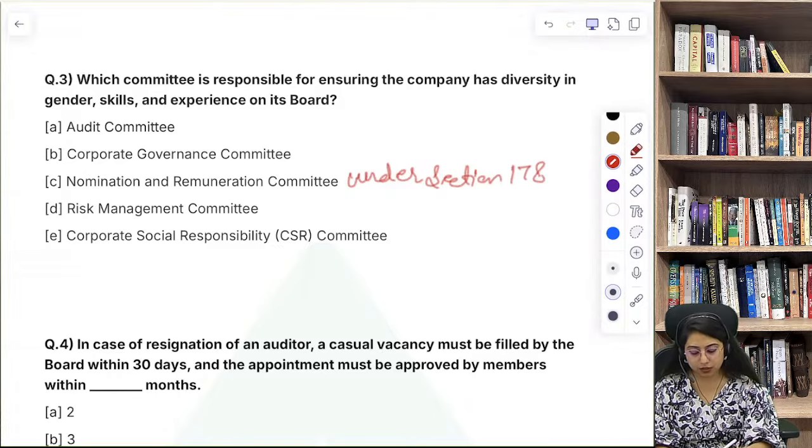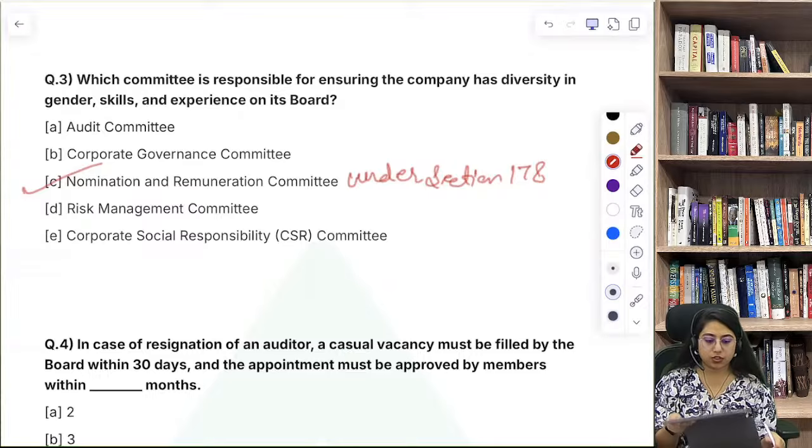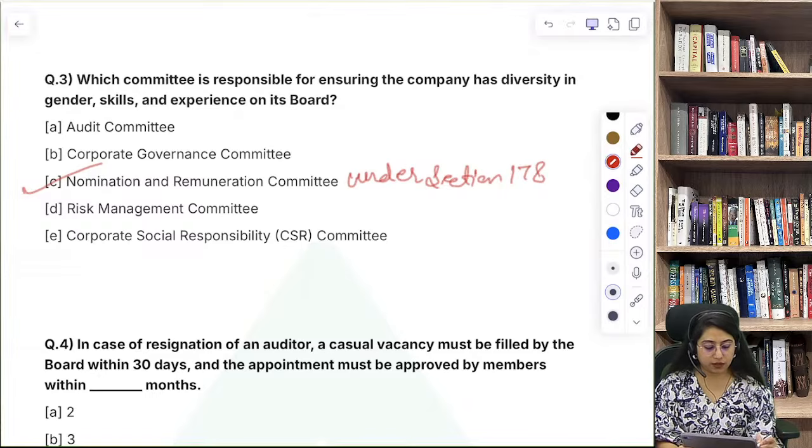The right answer is the Nomination and Remuneration Committee. I hope it's clear.